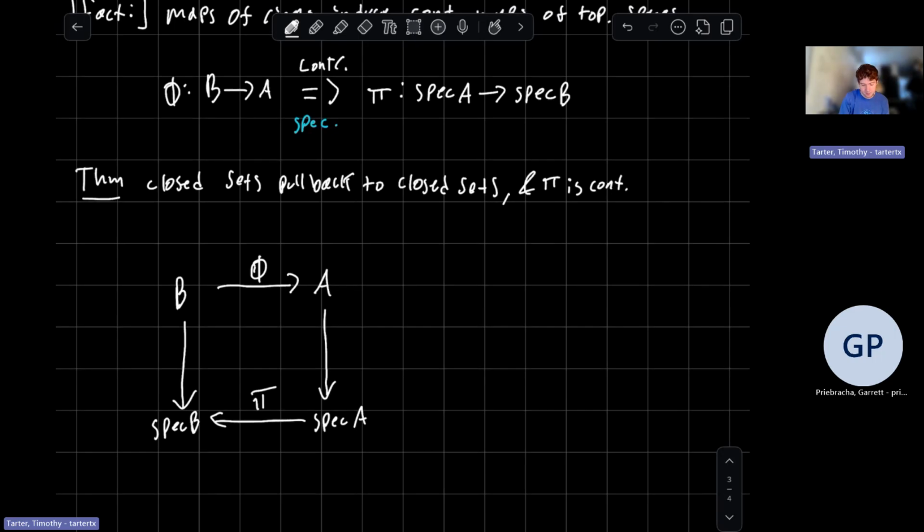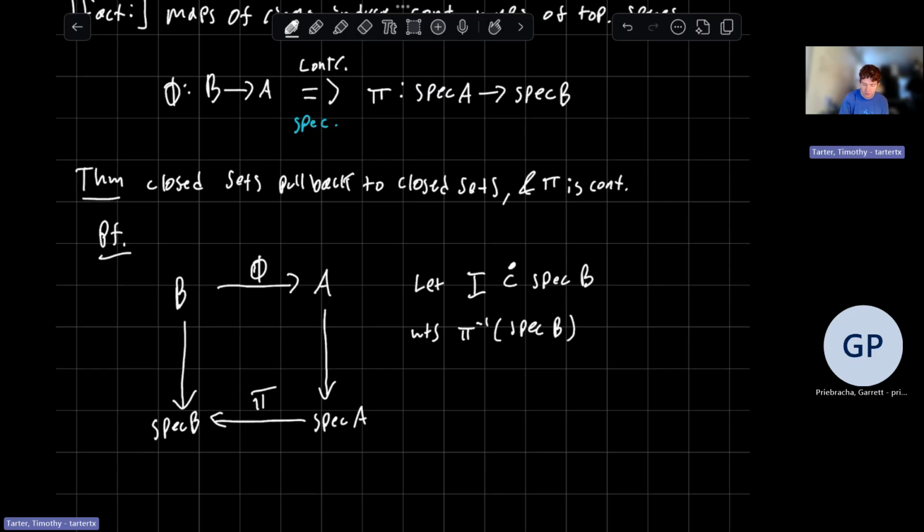So we want to let I be closed in Spec B. Want to show that pi inverse of I is closed in Spec A.